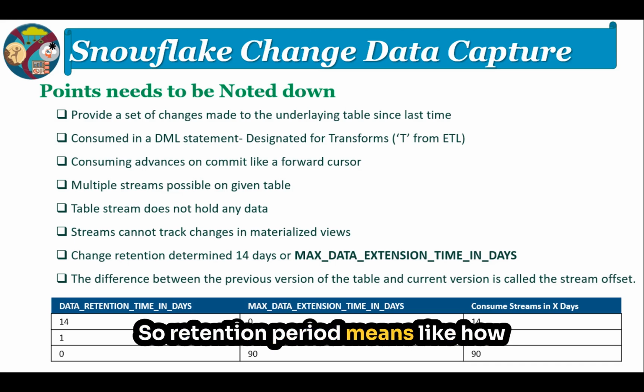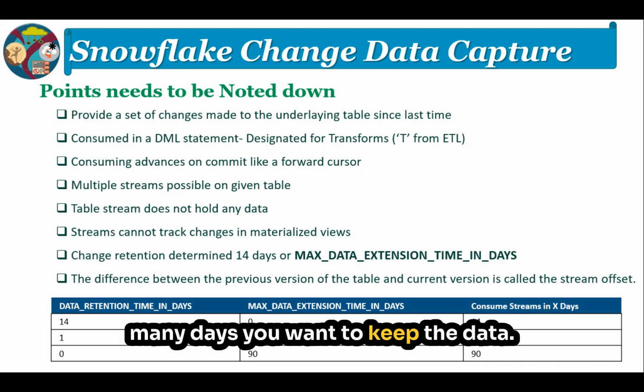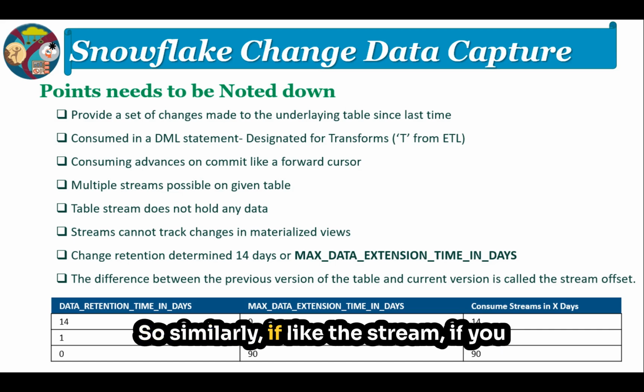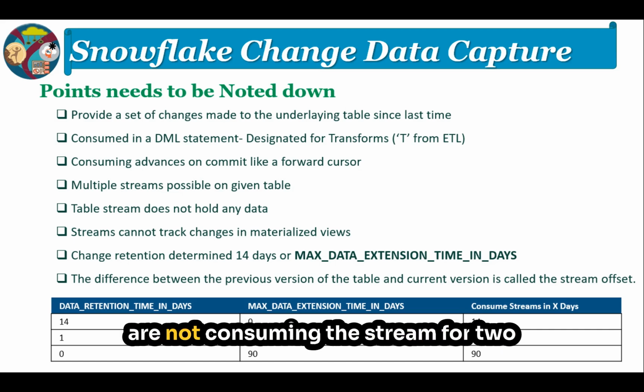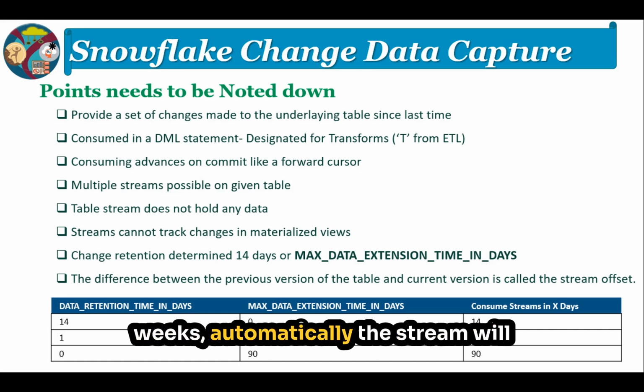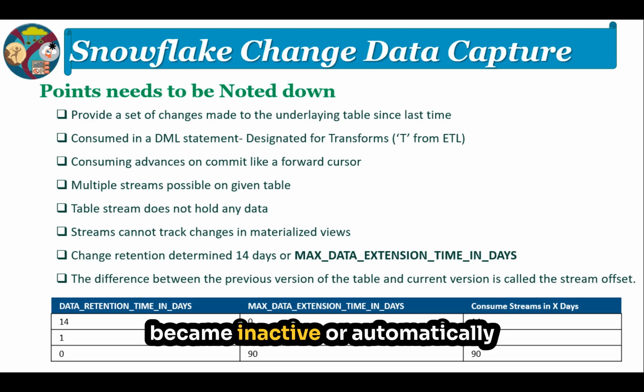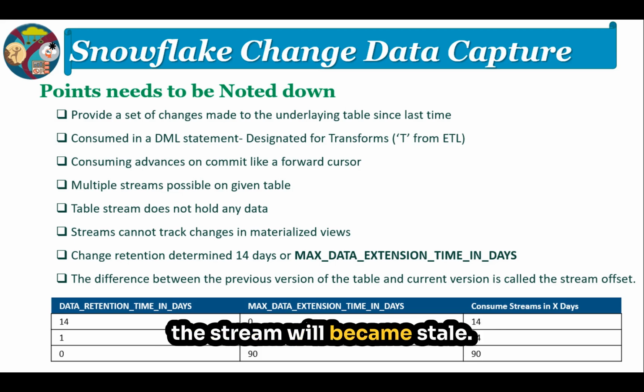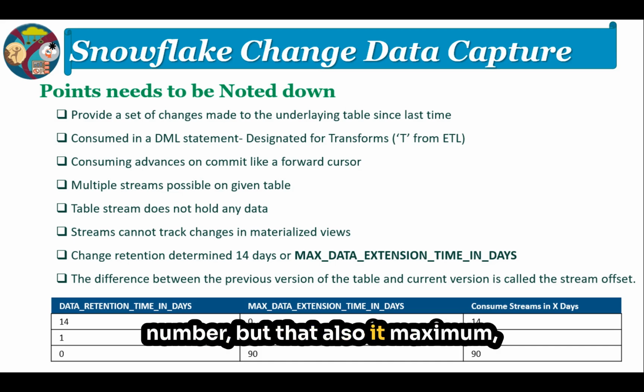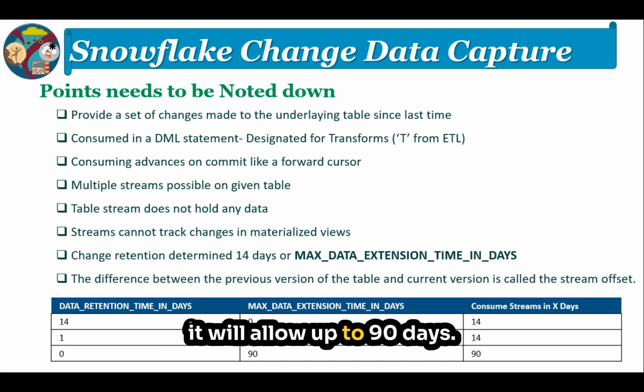Retention period means how many days you want to keep the data. Similarly with the stream, if you are not consuming the stream for 2 weeks, the stream will automatically become inactive, or stale. If you want to increase that, you need to set a particular number, but at maximum it will allow up to 90 days.